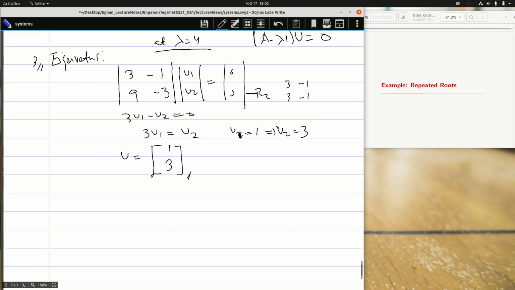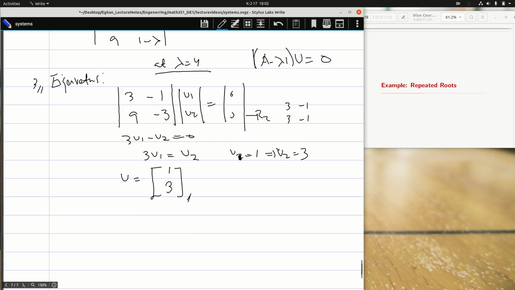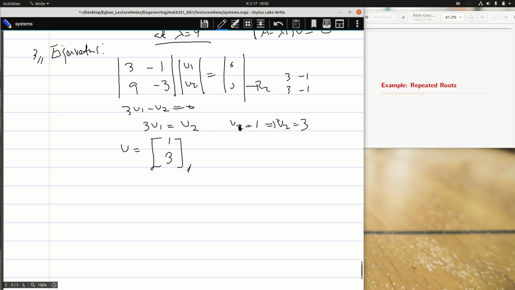Now if I want to write the solution, I'm not done, because it's lambda 1, 2. I have to find the second eigenvector. It is still at lambda equal to 4, but in this case it's going to be A minus lambda I of v2 is equal to the v1 I had.